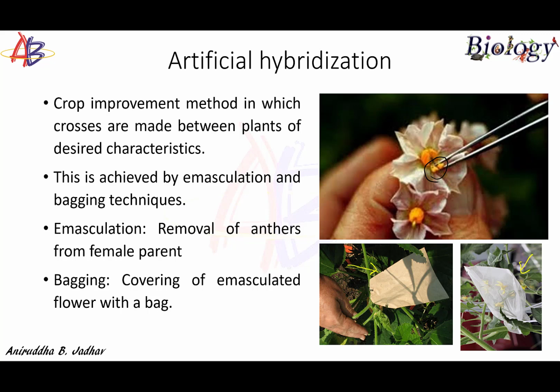After fertilization, the fruits are allowed to develop to obtain the seeds. This is how, by an artificial method, we can induce cross pollination between desirable crop varieties to produce a superior plant variety.